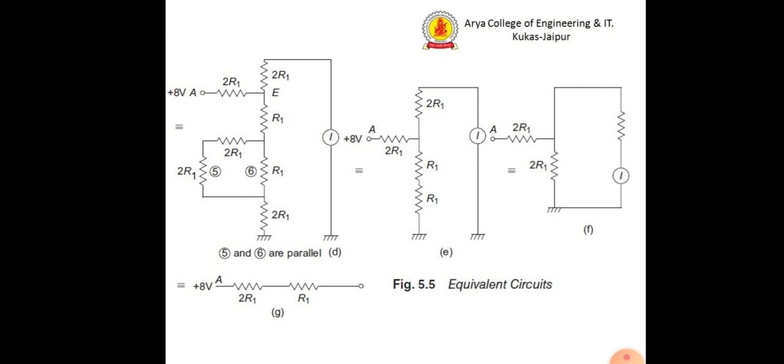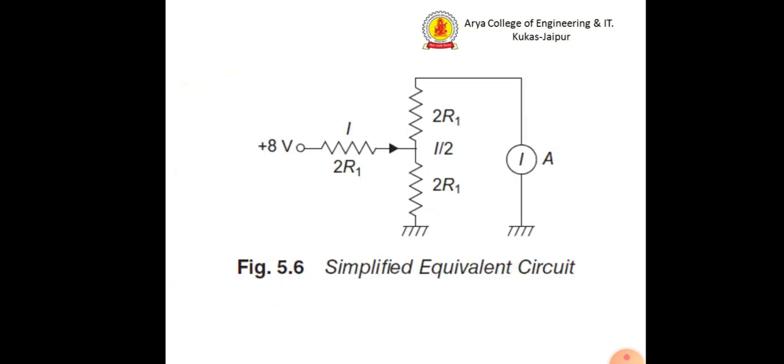This particular circuit is shown in figure 5.6. This is the simplified equivalent circuit. The current flowing through the ammeter is I by 2, which is 4 volt upon 3R1.